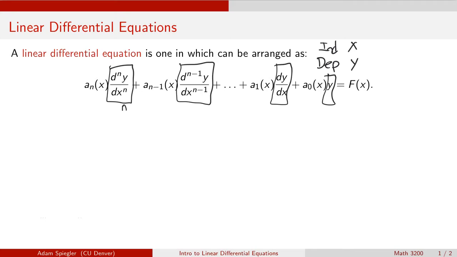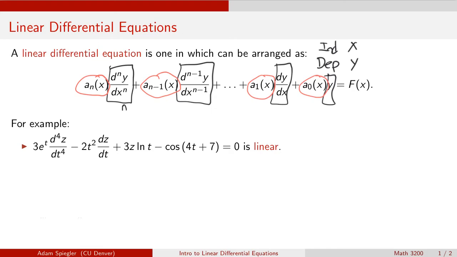And as long as each of the derivatives themselves only occur at most to the first power, and the expression that comes in front of each of those derivatives only depends on the independent variable x, then you've got a linear differential equation. So there's a lot of moving parts here. So let's just review this idea for a couple of examples. And then we're going to be looking at much simpler cases for just first order differential equations.